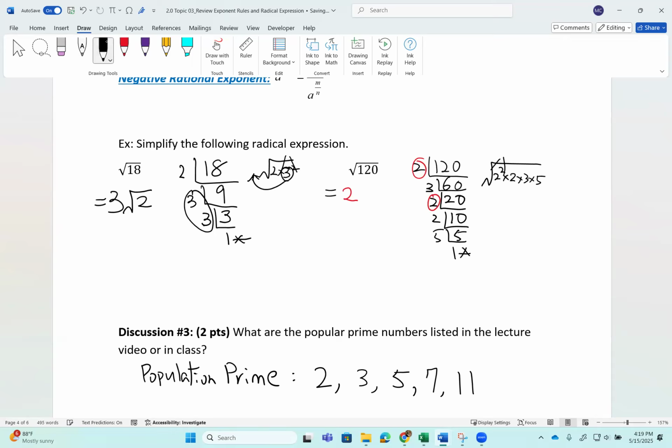So square and square root cancel out. This 2 goes outside. Everybody else stays in, being multiplied. So my answer, 2 times square root of 2 times 3 is 6, times 5 is 30. That's my simplified answer for square root of 120.